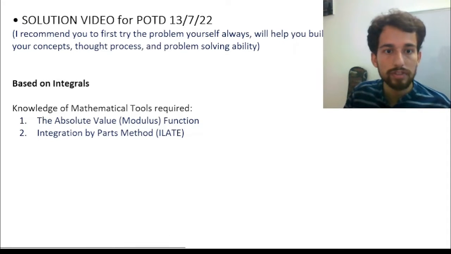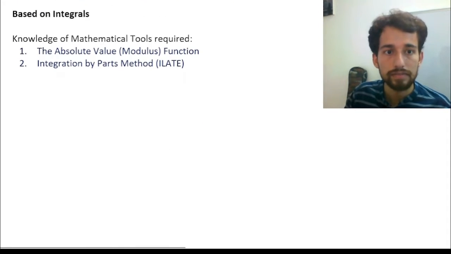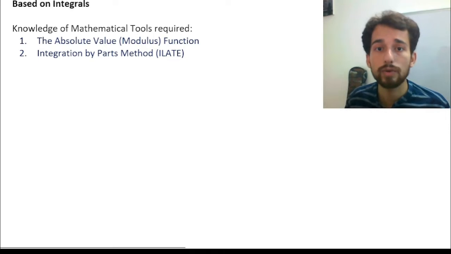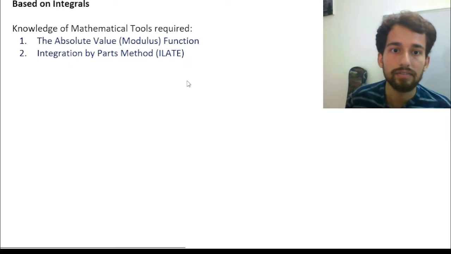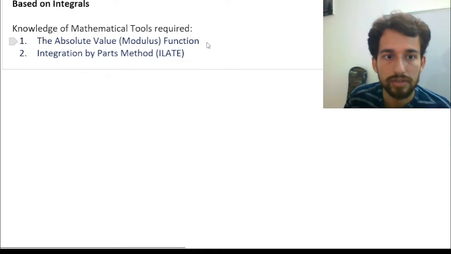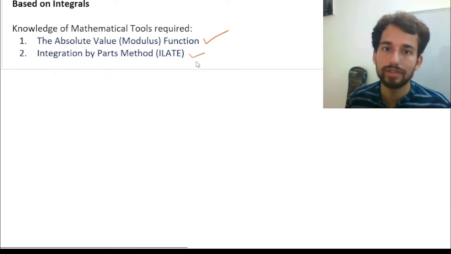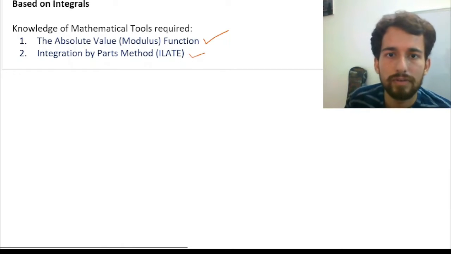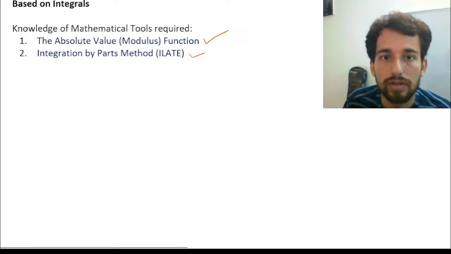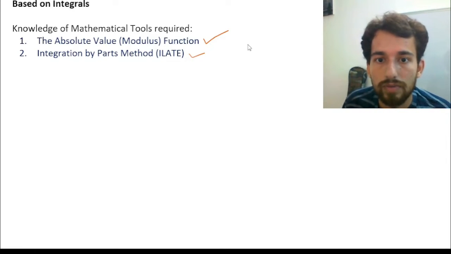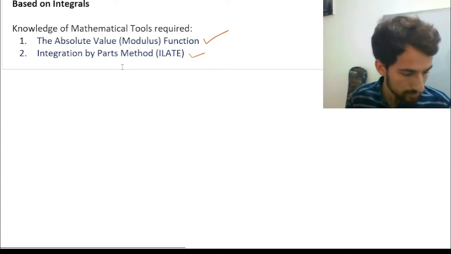So the problem was based on integrals, and if someone has these two notions, the idea of what a modulus or absolute value function is, and knows how to integrate an integral by parts, then the solution of the problem will be very easy. So let's begin.